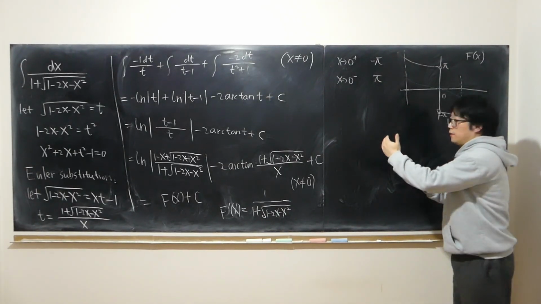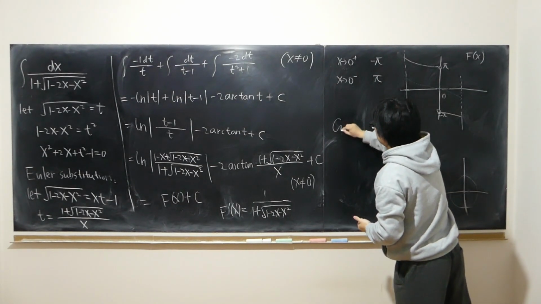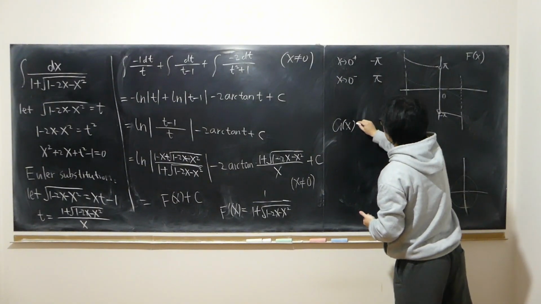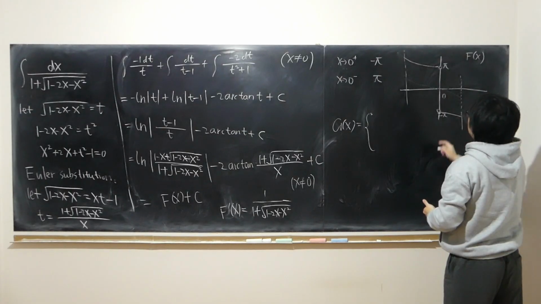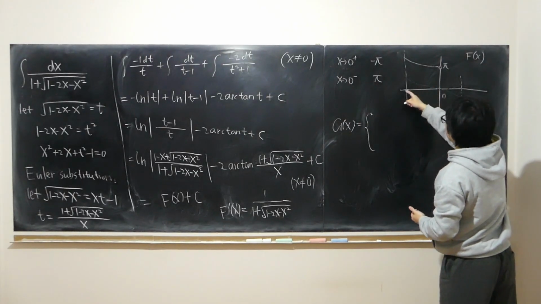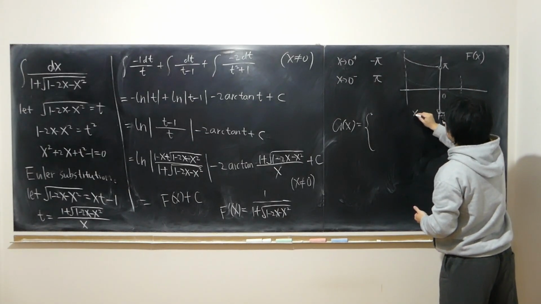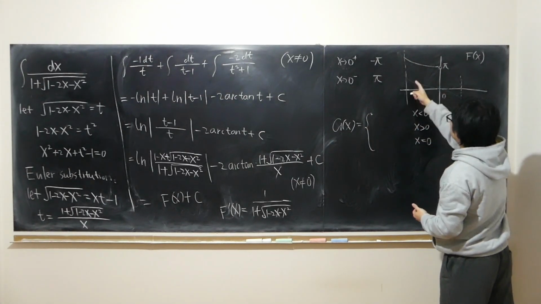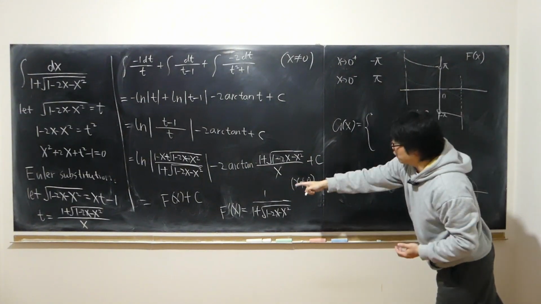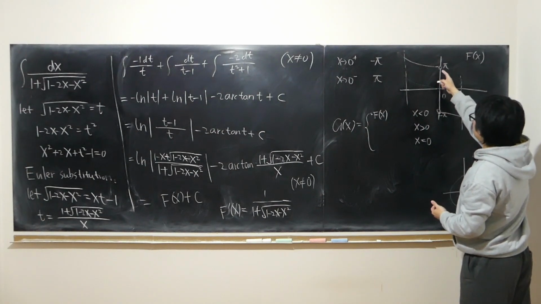So we can define a piecewise function. I'll redefine g of x equal to: if x is less than 0 and greater than whatever this is, then I define it as f of x minus pi.